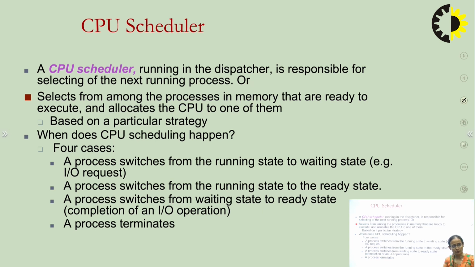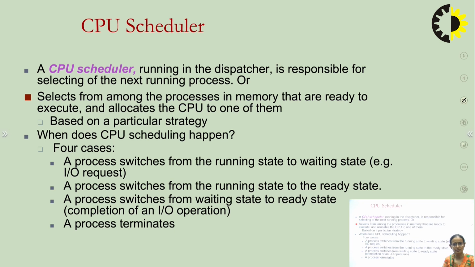Out of these 4, the first and the last correspond to the non-preemptive algorithm, whereas the second and third correspond to the preemptive algorithm. So what is the meaning of non-preemptive and preemptive algorithm here? The meaning of preemption is taking some resource forcibly back from the process.